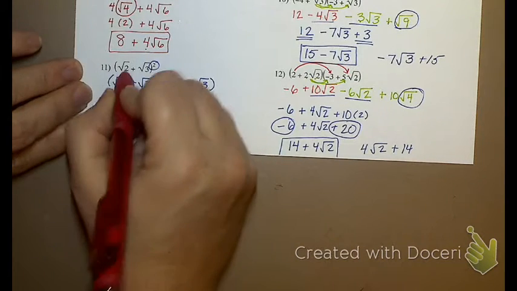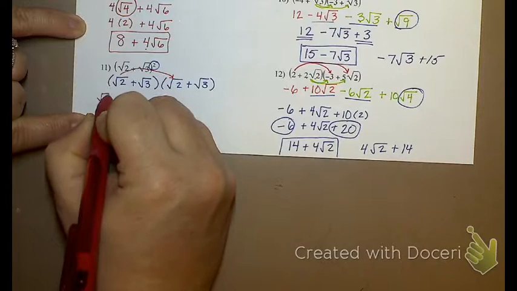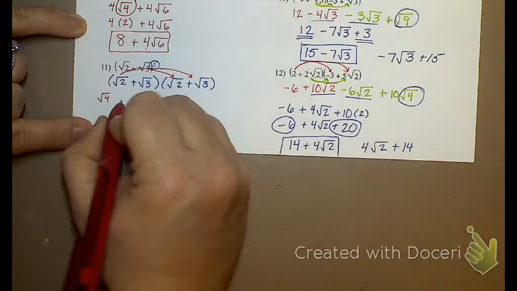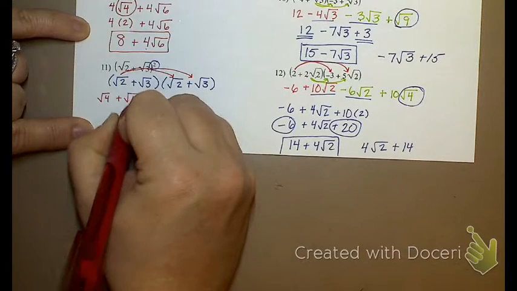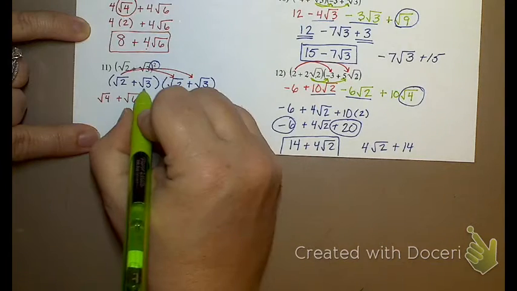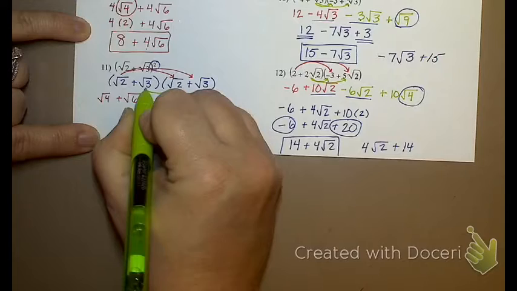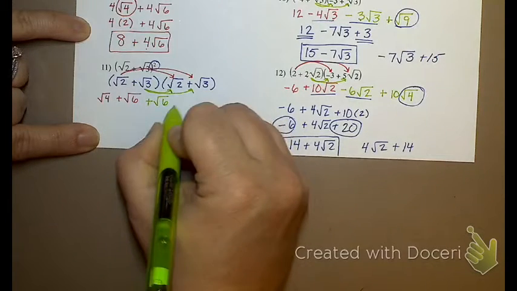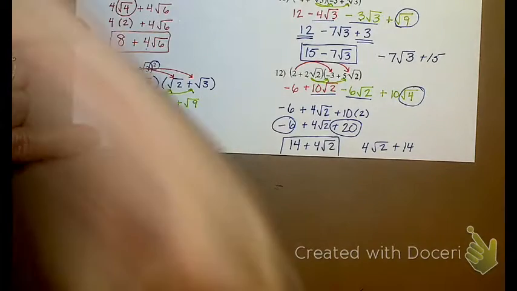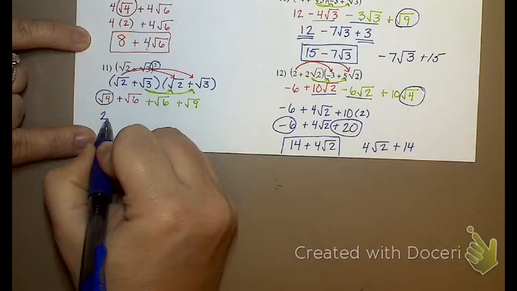All right, so radical 2 times radical 2 is what? Radical 4. And then radical 2 times radical 3 is radical 6. Now if I do the second part of the distributing, radical 3 times radical 2 is radical 6. And radical 3 times radical 3 is radical 9. So, first thing I know, radical 4 is the same as 2.